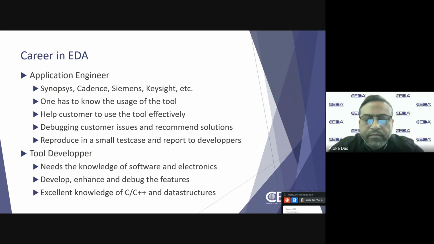So it is written in either C or C++. You have to know C++. Java, .NET, C# are used mostly in web development, but engineering software is mostly developed in C++ because we need speed.